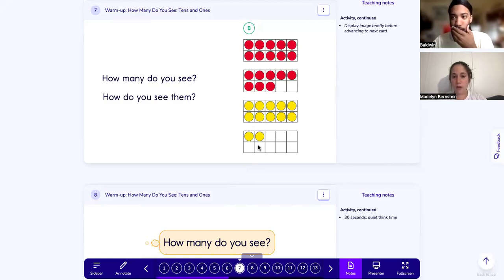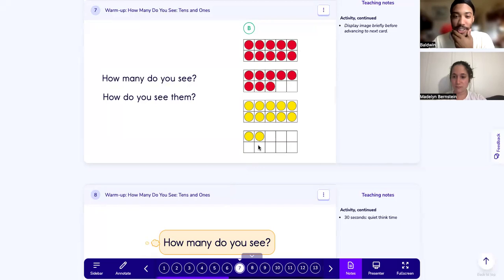I see one group of 10 red and then one group of 10 yellow. That is correct. And then how many ones do you see for red counters and for the yellow counters? 9 red and 2 yellow.